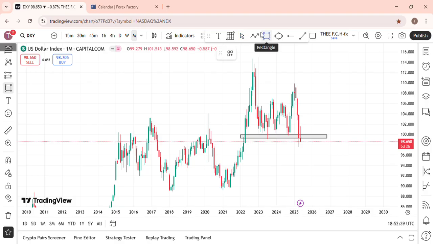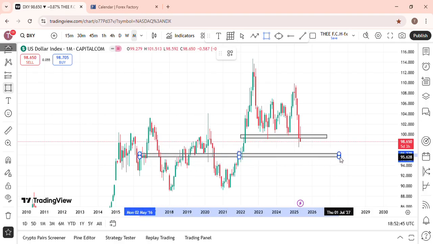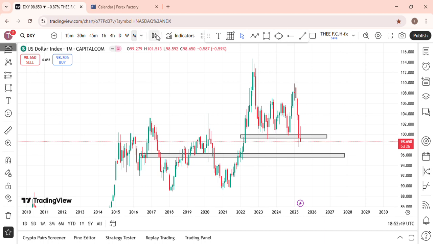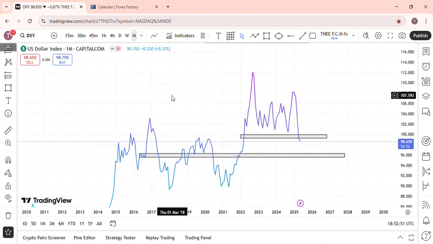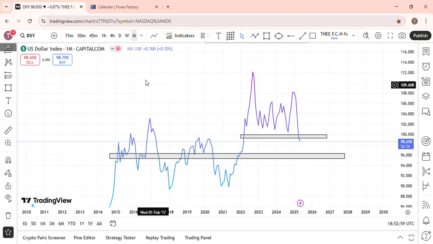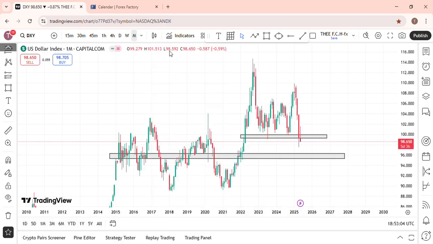And if that is to happen, we can now expect a strong level around this zone. I can change my candlesticks to a line graph and see. Okay, you can see it's a very strong level with both candlesticks and the line graph. And taking my chart back to candlesticks, you can see we have an order block in there.